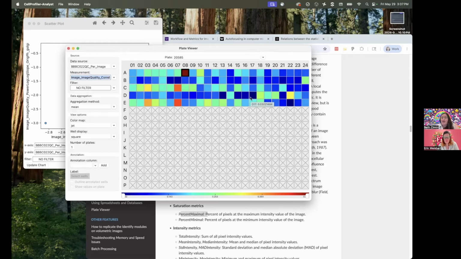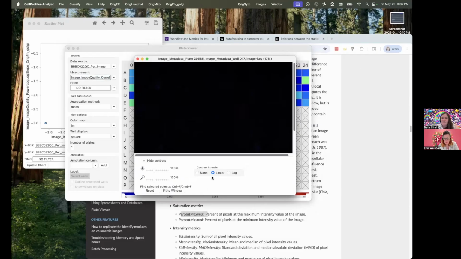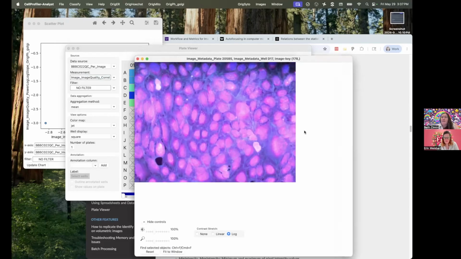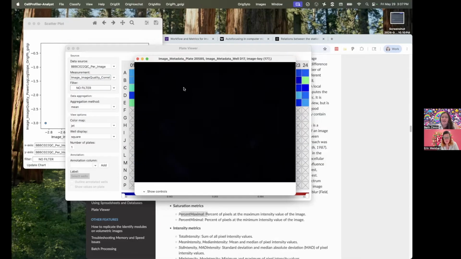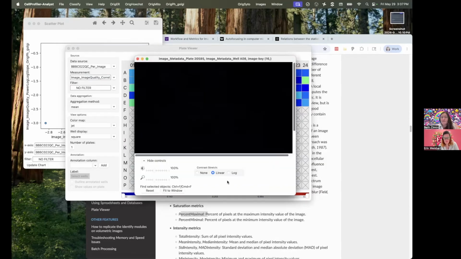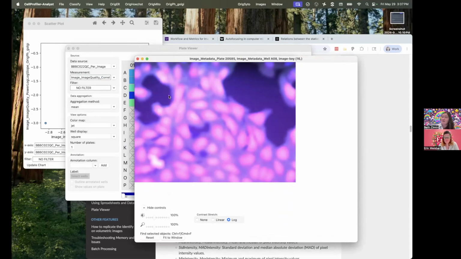And so we can check a really low image. For some reason, all of these look bad in linear scale. That looks indeed like a perfectly fine image. And then something with a really high value, that indeed looks like a blurry image.